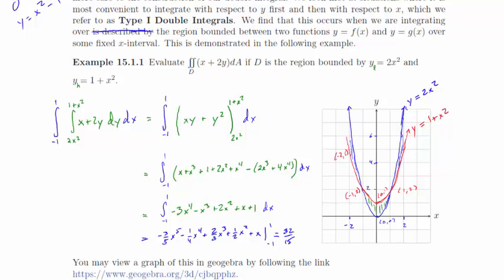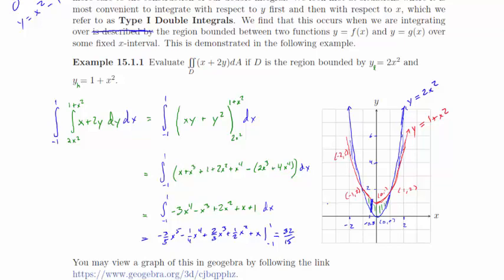So if I held x to be like -0.5, for example, just as one example, then we're looking at what happens, what's the area underneath z equals x plus 2y between these two y values. So the y values for x is -0.5. We could plug into 2x squared and 1 plus x squared to get the y bounds there, but we're not going to because we want to let x then vary all the way from the -1 to the 1 value.